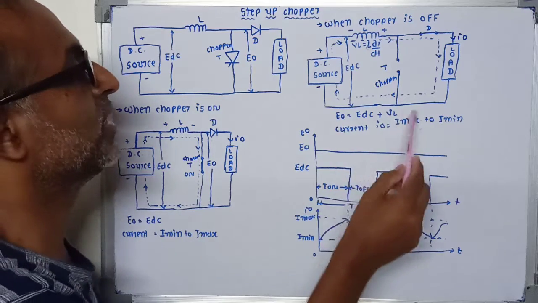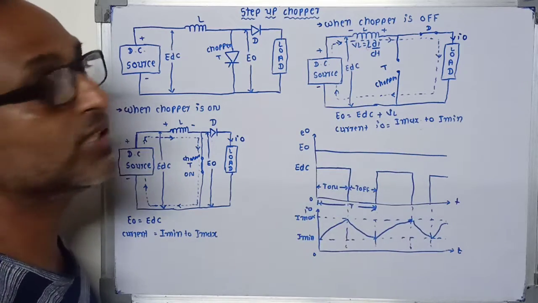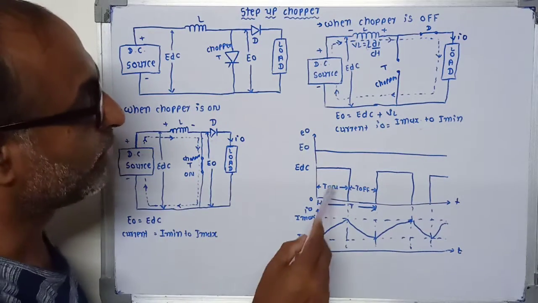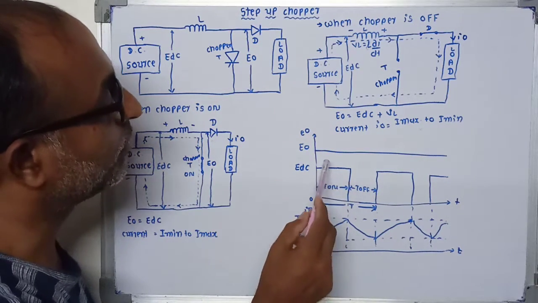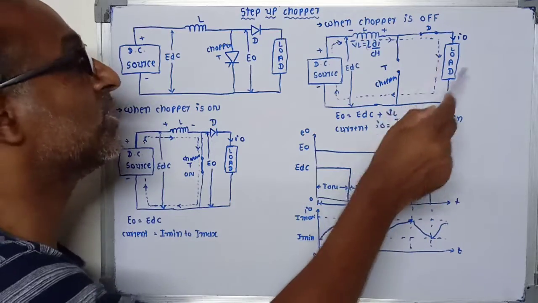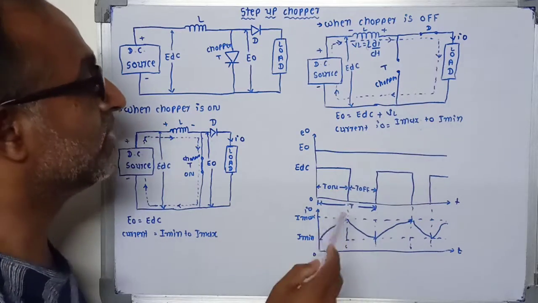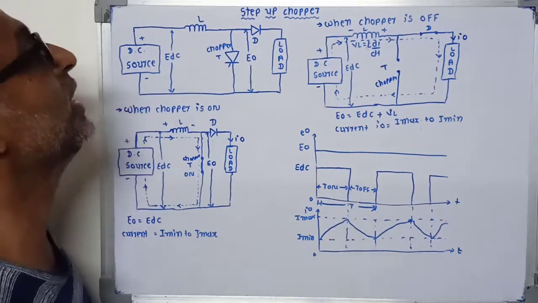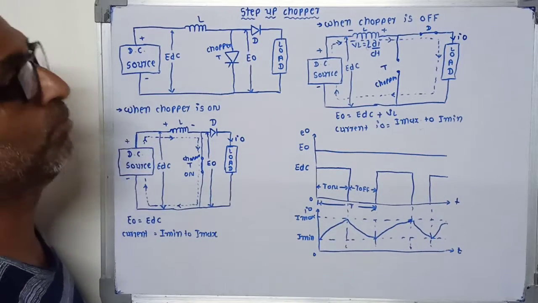From this equation you can say that the output voltage is greater than the input voltage. So the average output voltage across this load is greater than the input voltage. That's why it is called a step-up chopper.